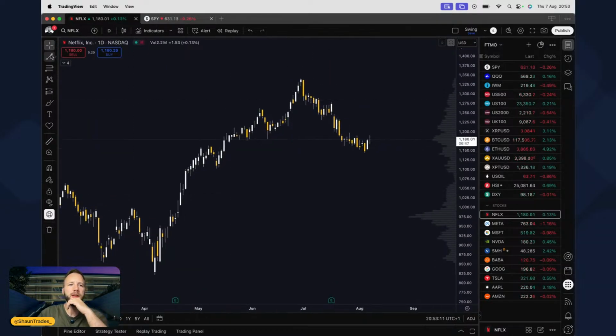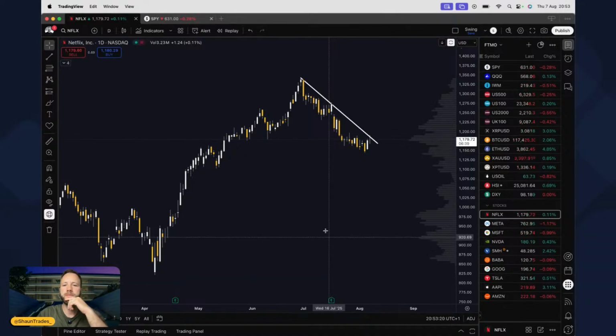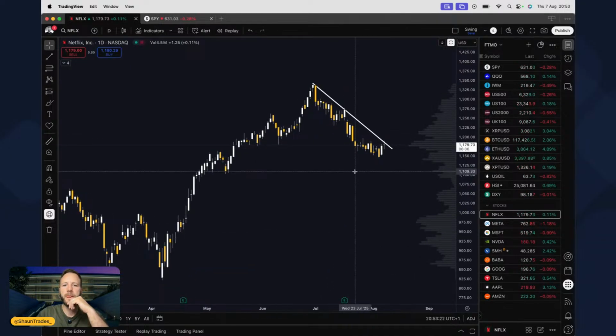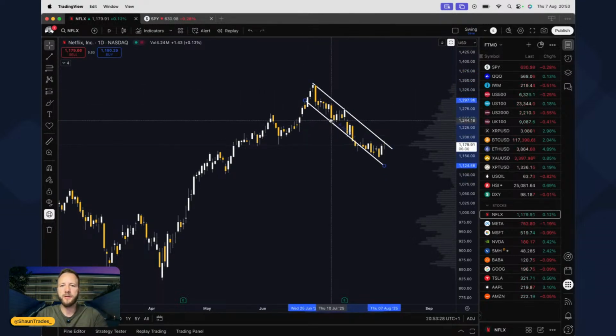Netflix looking okay, actually, maybe a bit of a bull flag happening right now. They had pretty good earnings recently here on the 17th of July. So there could be a potential breakout there for Netflix. Target, obviously, all-time high. Not sure about that. It's kind of broadening.